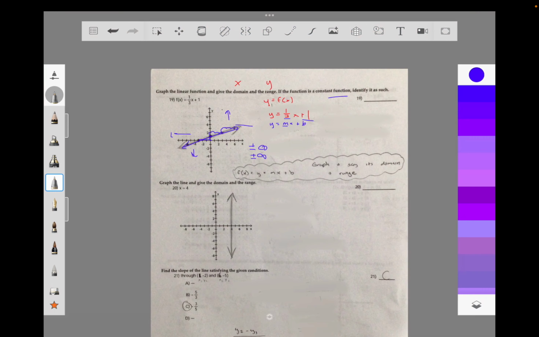What'd you write? I don't think it's constant. I think constant has to be a flat line. Where is it? You didn't write it. Okay, well, whatever. It has to be flat or vertical, I think, if that was constant.